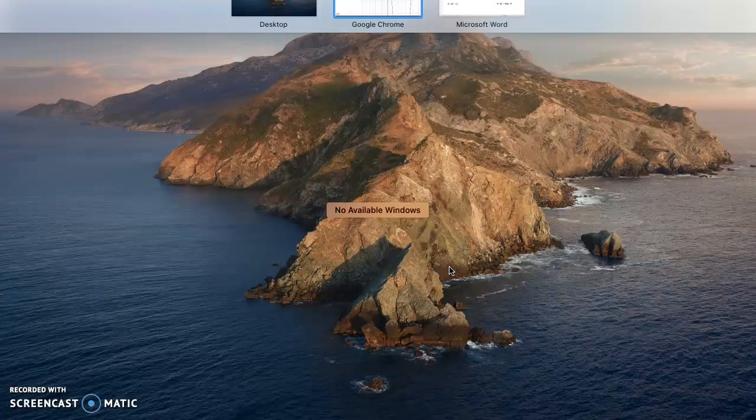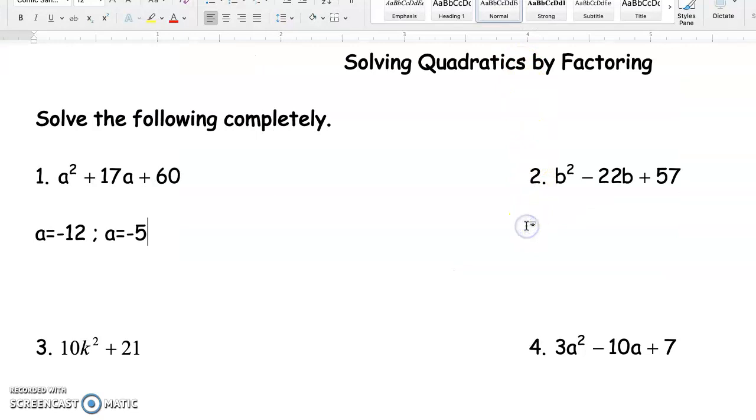So therefore, on my paper, I would write b is equal to 3, and then also b is equal to 19.